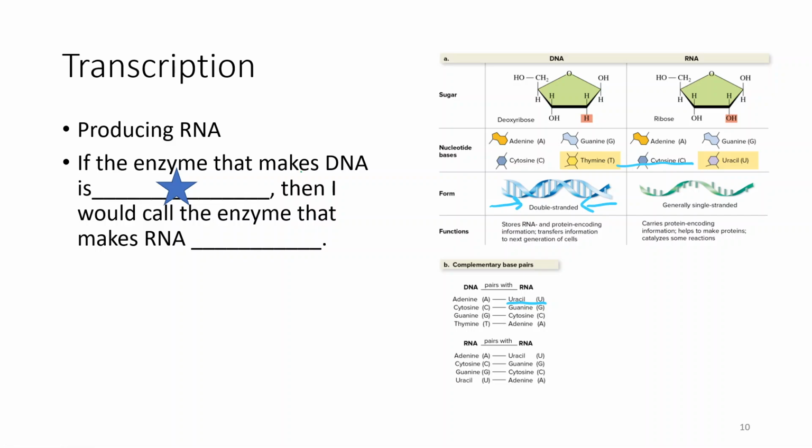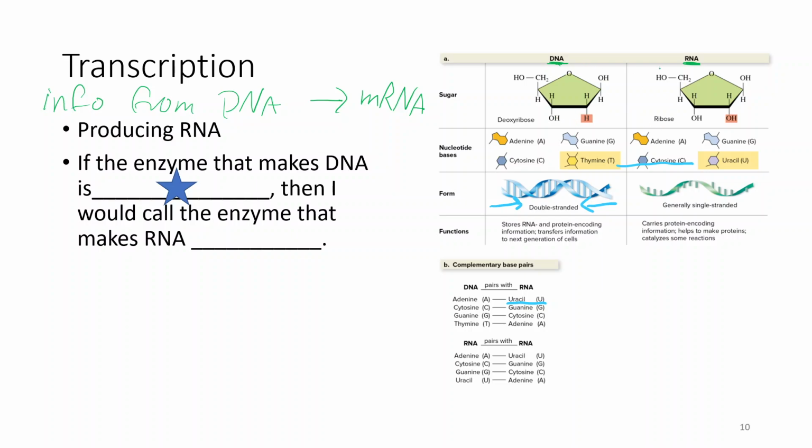So, transcription, this is where we take the information from DNA and we turn it into mRNA. This is transcription. So we start with our DNA, and our RNA is going to be built based on the DNA code.